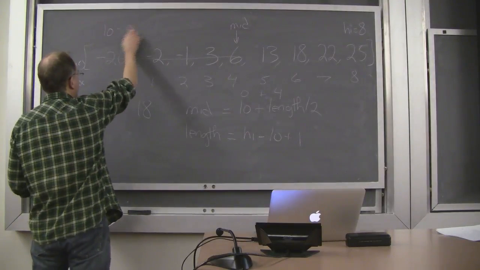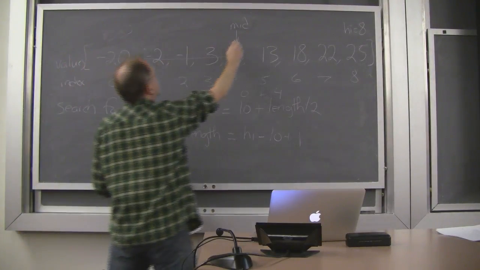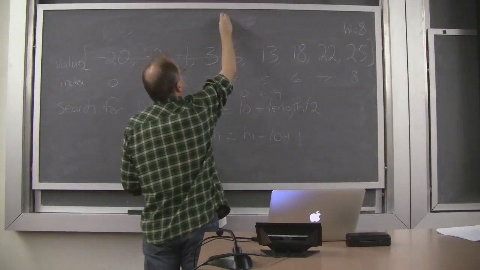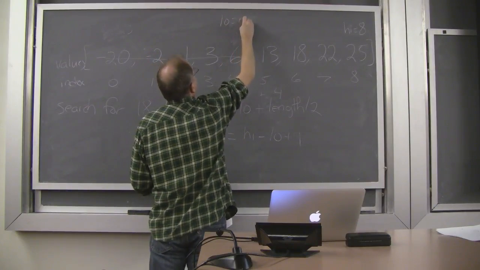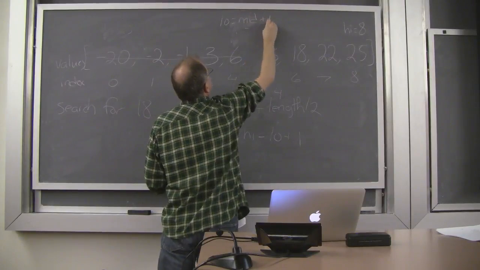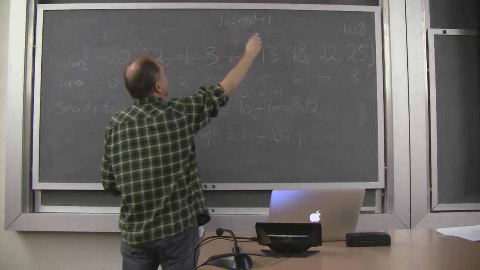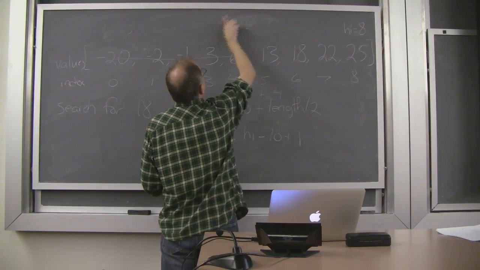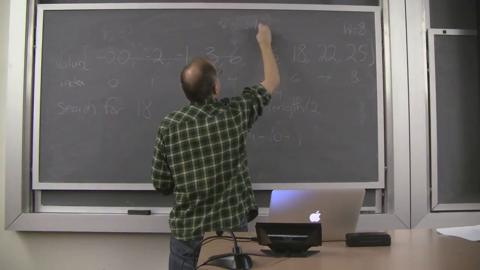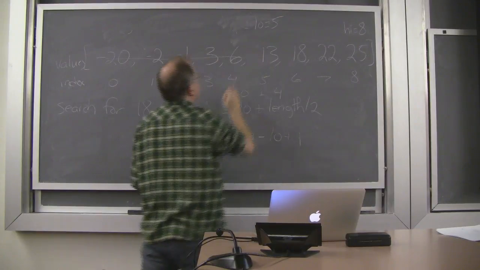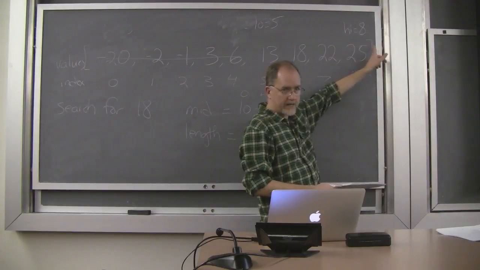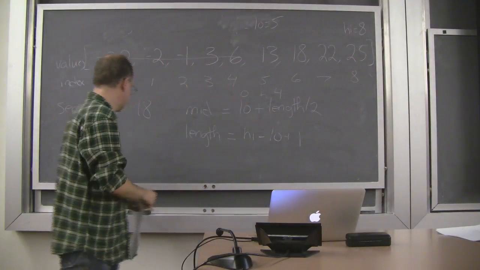Instead, we're going to change our low value to be mid plus 1. Mid was 4, plus 1 is 5, low is 5. Now our effective array goes between 5 and 8, and we're going to look for it here.